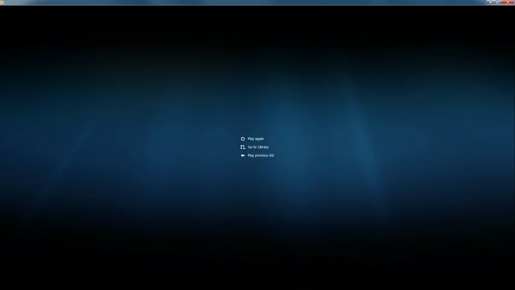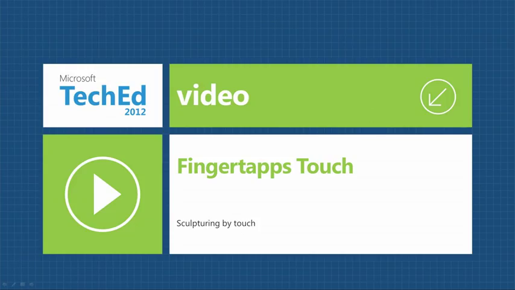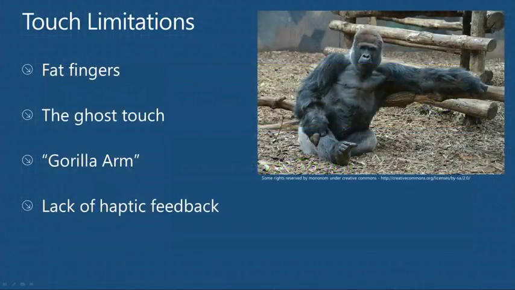So we go from there to its many limitations, actually, all of which we've come across on our wonderful journey using touch. Fat fingers.